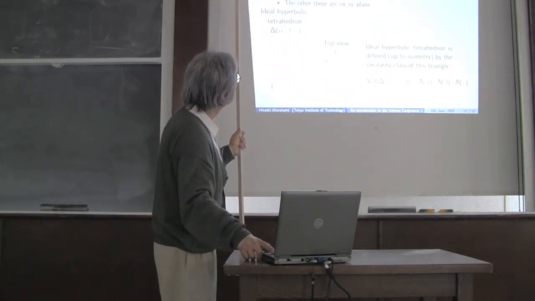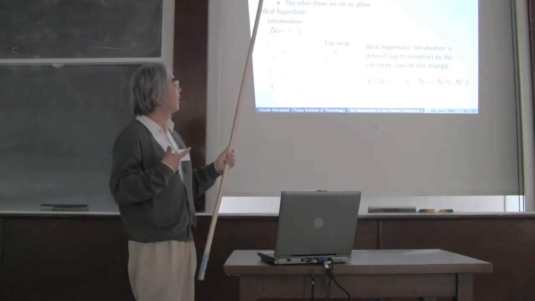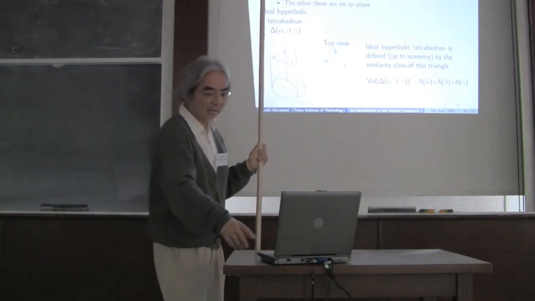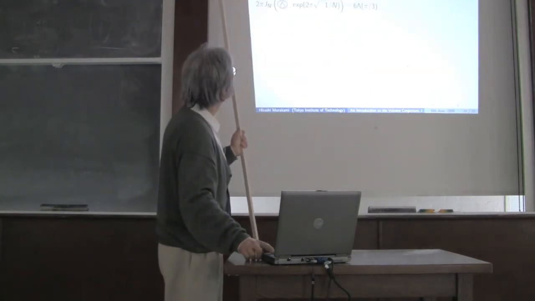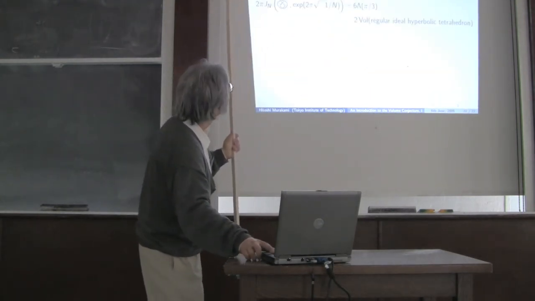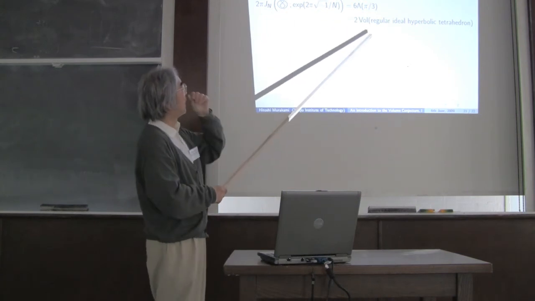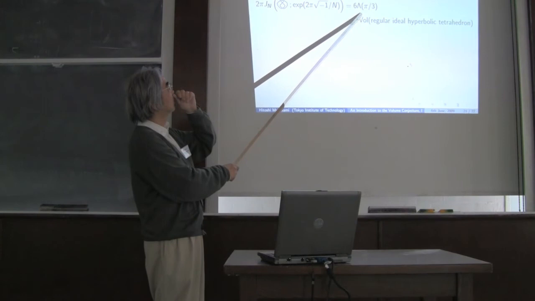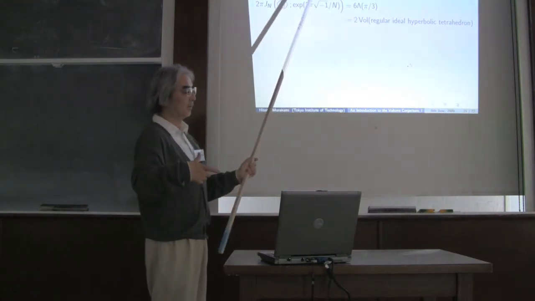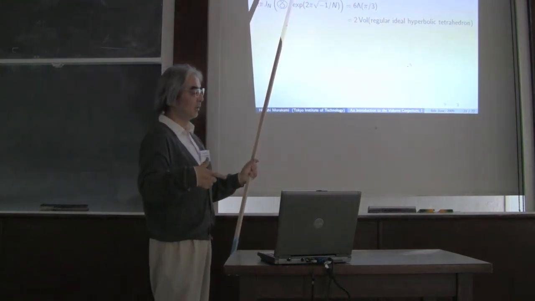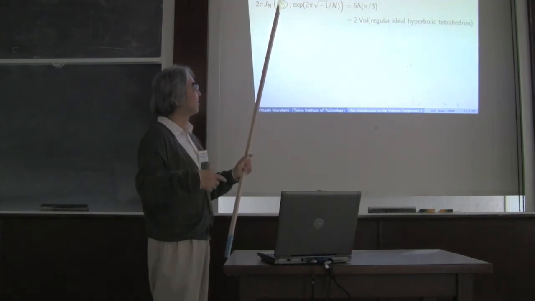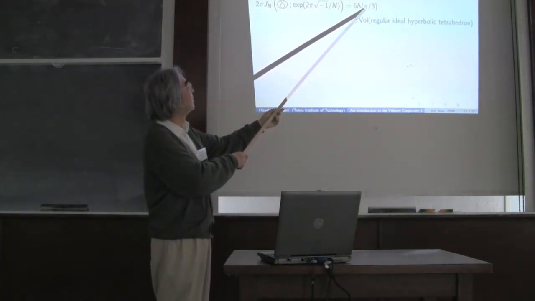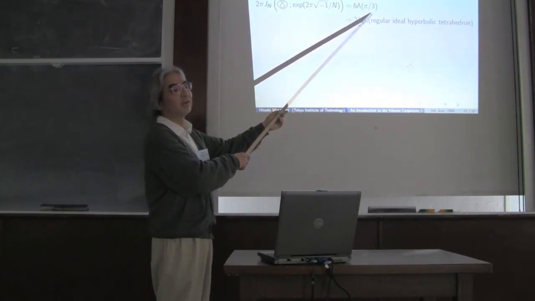Now, because we have two regular ideal hyperbolic tetrahedra, the volume of the complement is equal to 6 times, yes, a regular ideal hyperbolic tetrahedron has volume 3 times lambda of pi over 6.